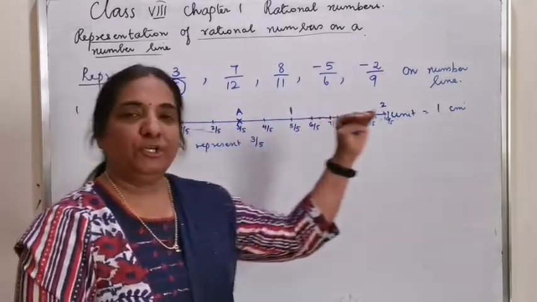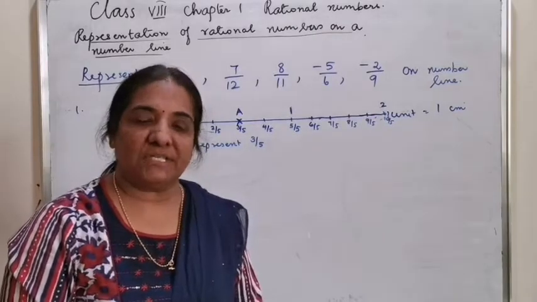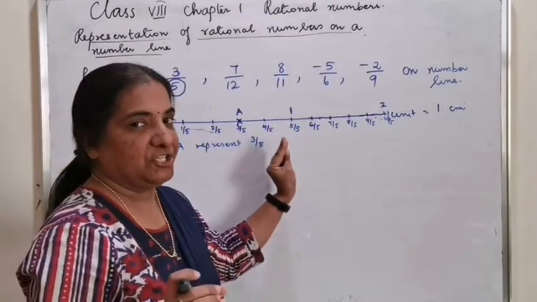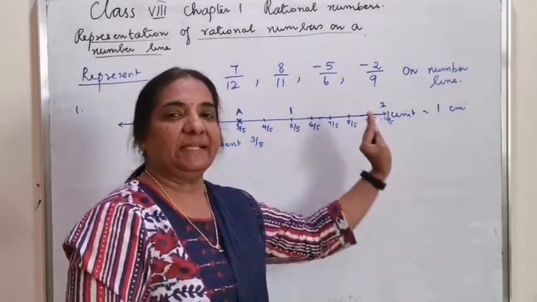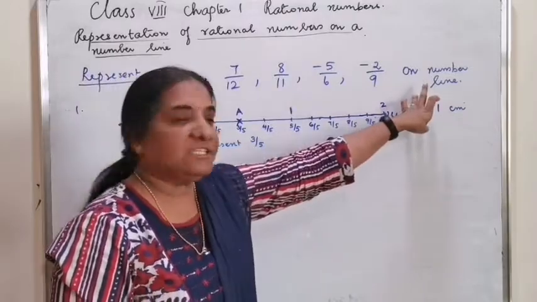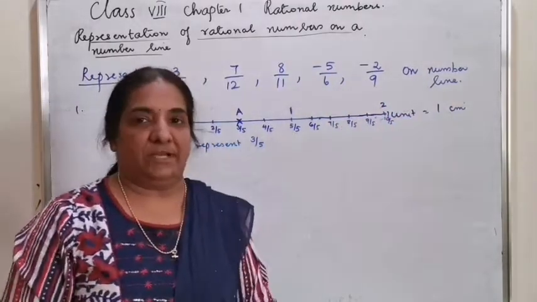So if you want to plot as many points on this number line, you can do it. The only consideration is each 1 centimeter you take with the multiples of 5 so that you will reach here into the whole numbers.